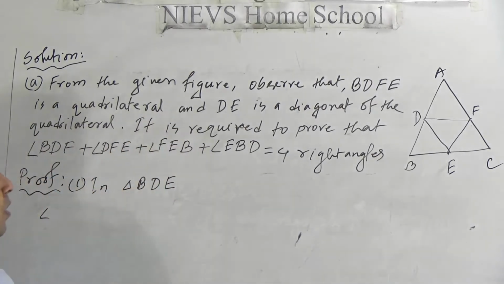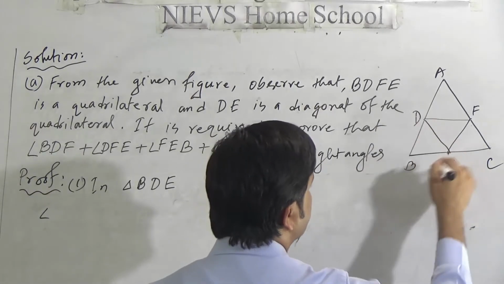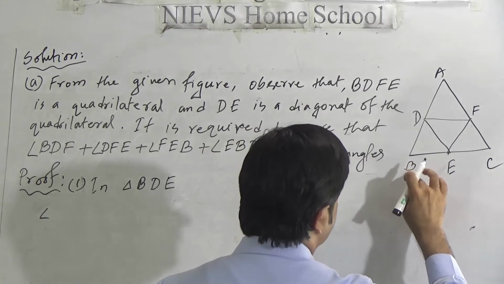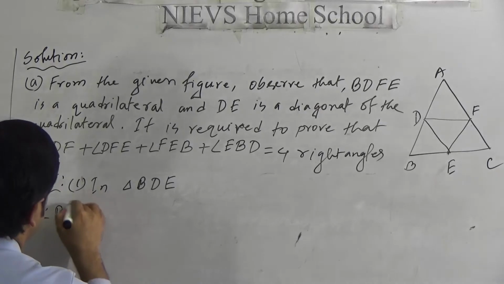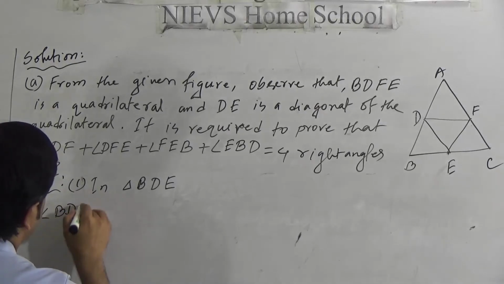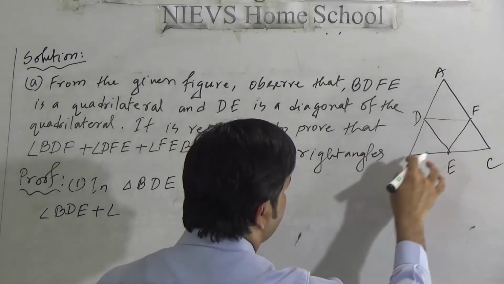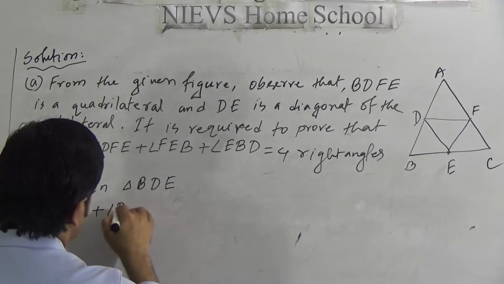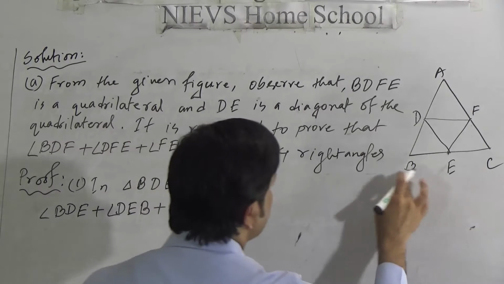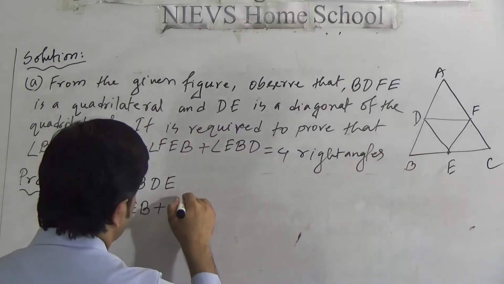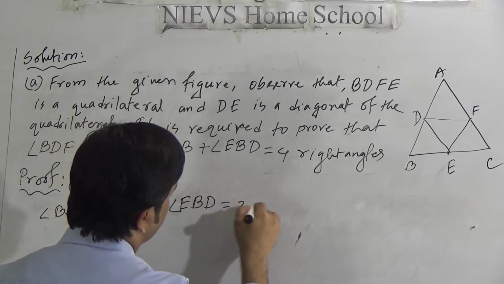So we can write here, the sum of the three angles of triangle BDE: angle BDE plus angle DEB plus angle EBD is equal to two right angles.